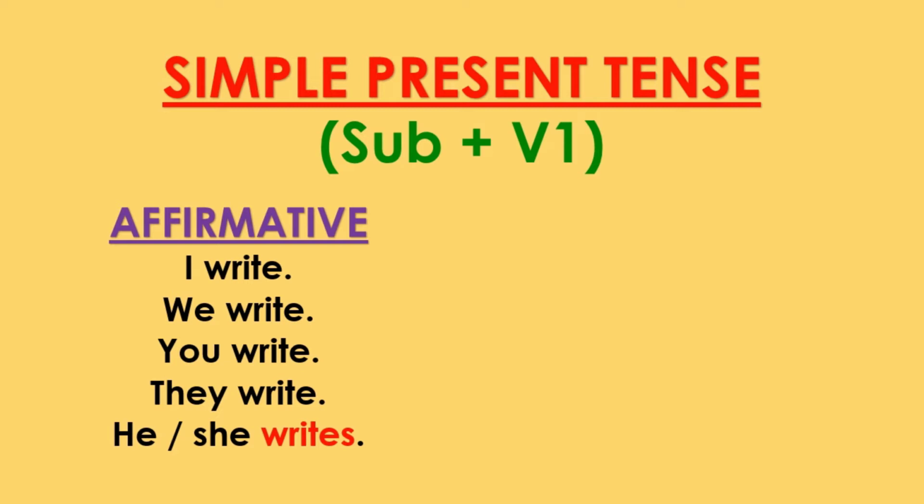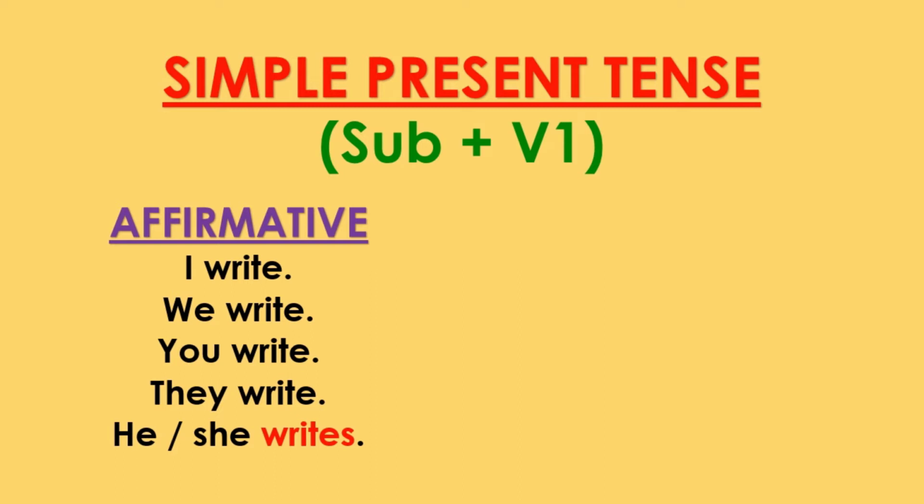So students, as we all know, the pronouns like he, she or it are considered to be third person singular number. So whenever you construct a sentence keeping any of the third person singular number, we have to add s or es to the verb.